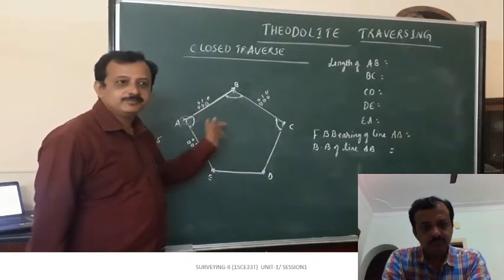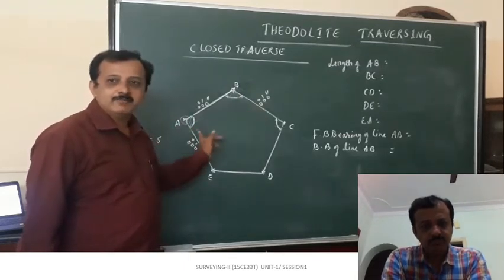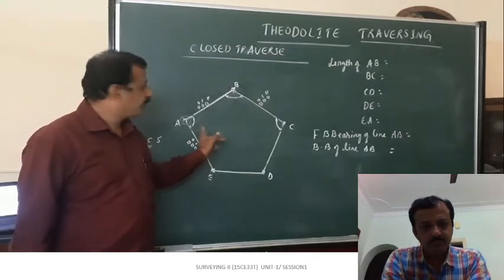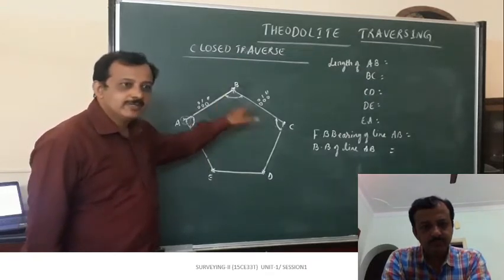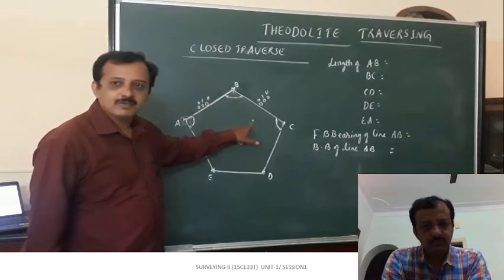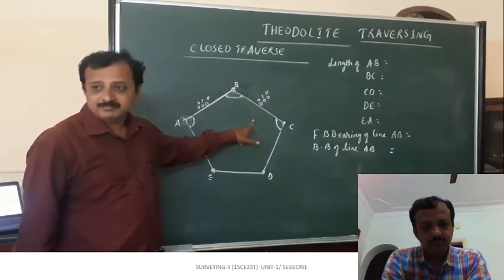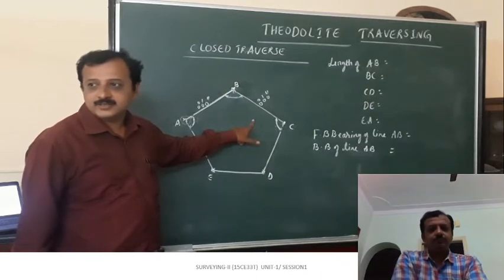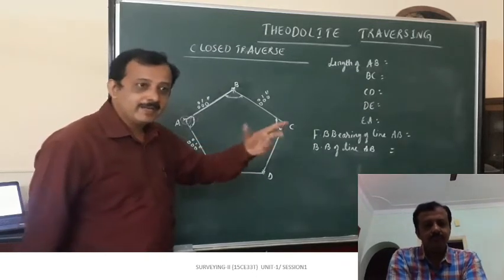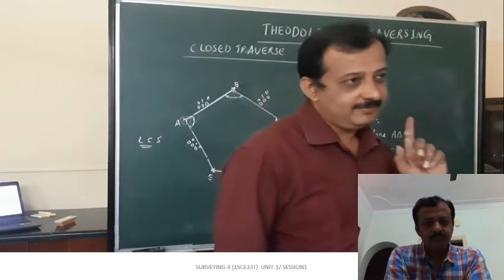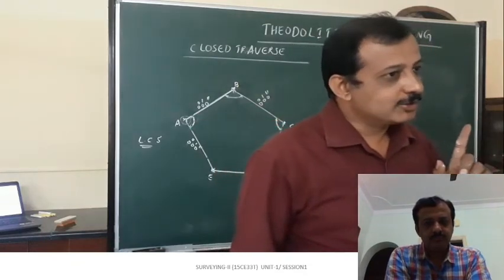If fore bearing is 40 degrees, what will be the back bearing? 40 plus 180, 220 degrees. Difference between fore bearing and back bearing should be 180 degrees. ಗೊತ್ತಾಯ್ತಾ? ಮರ್ತೋಗ್ಬಿಟ್ರಾ?